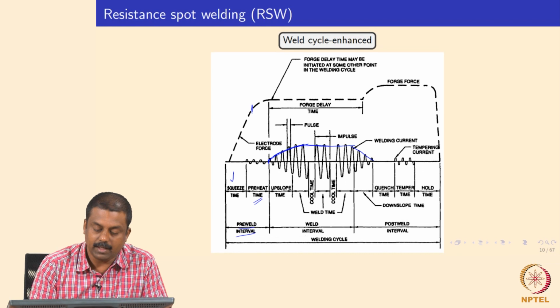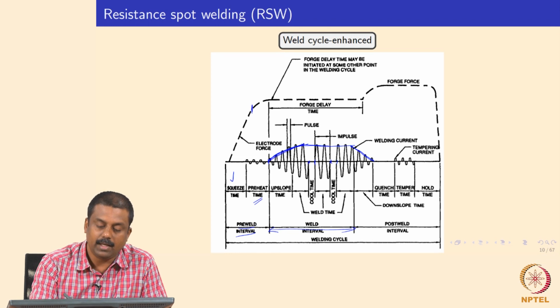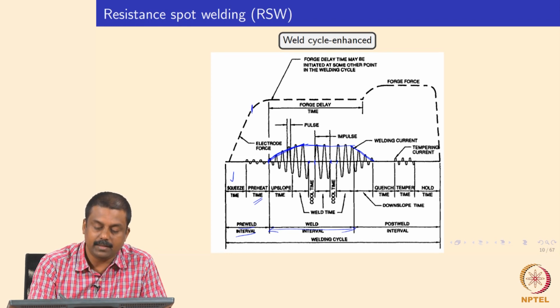The entire weld time is determined by the upslope, the current we apply at constant amplitude, and then the downslope. During this process we can also have a cooling time in between. So you heat up, and then you maintain some interval, and then apply another current, and subsequently you can also have another interval between applying a peak current.